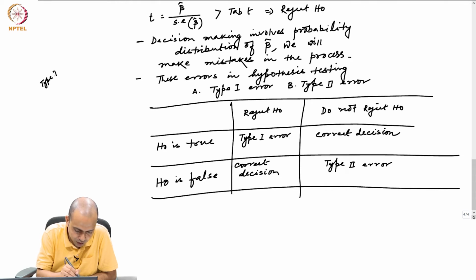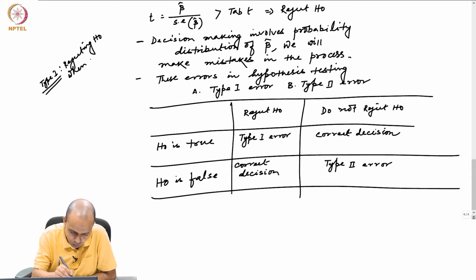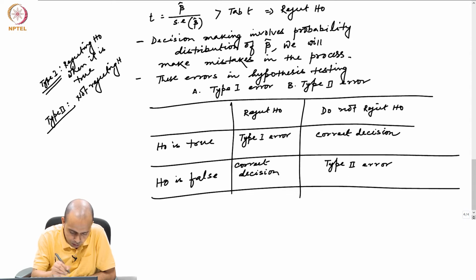Type 1 error is rejecting H0 when it is true, and type 2 error is not rejecting the null when it is not true.